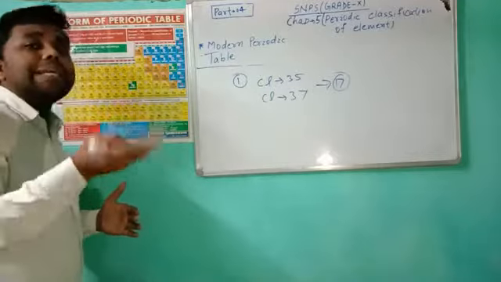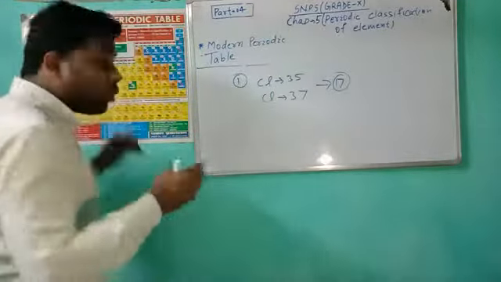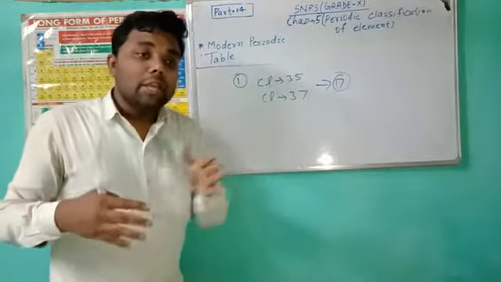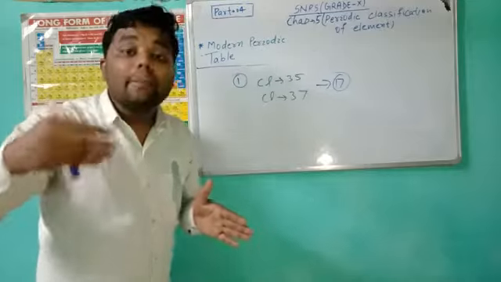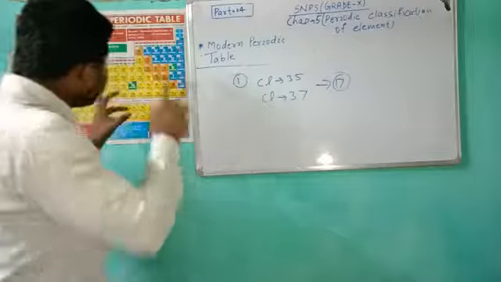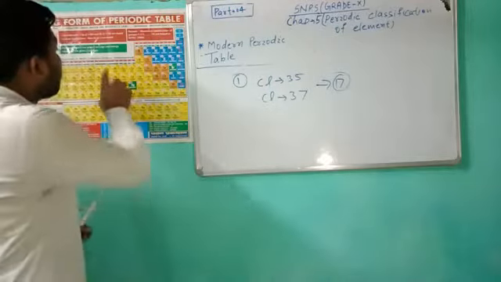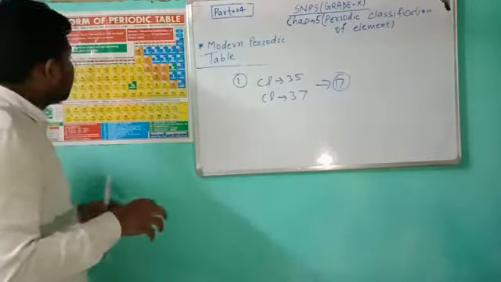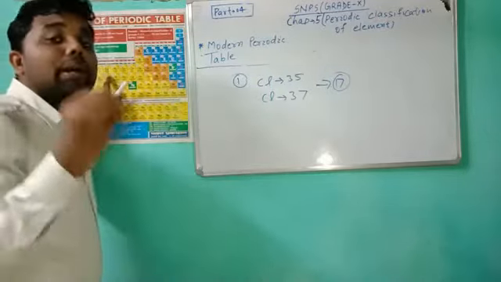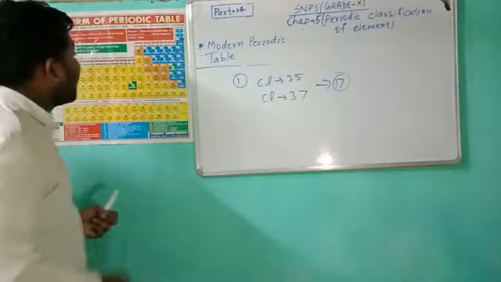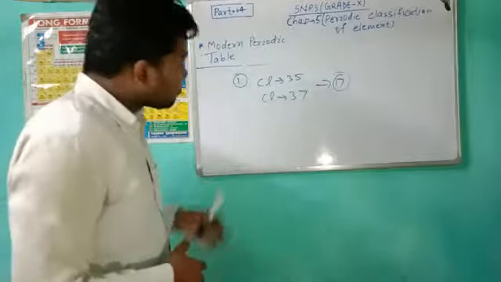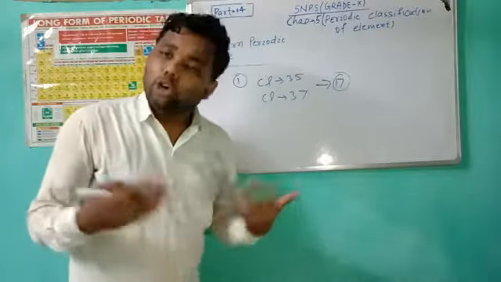This is automatically corrected, because in the modern periodic table we arrange the elements in increasing atomic number instead of atomic mass. So cobalt is placed before nickel because it has atomic number 27 and nickel has 28. So two anomalies were automatically corrected.